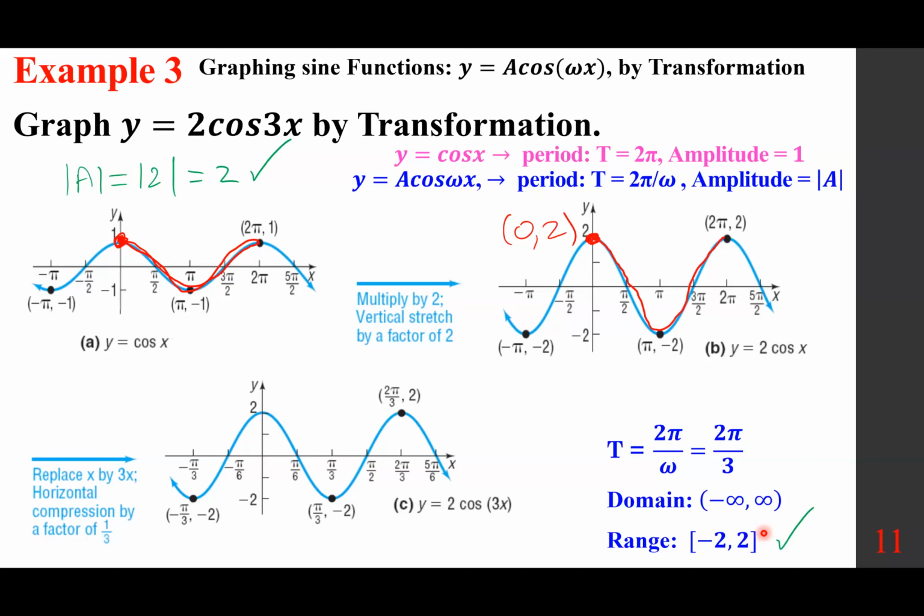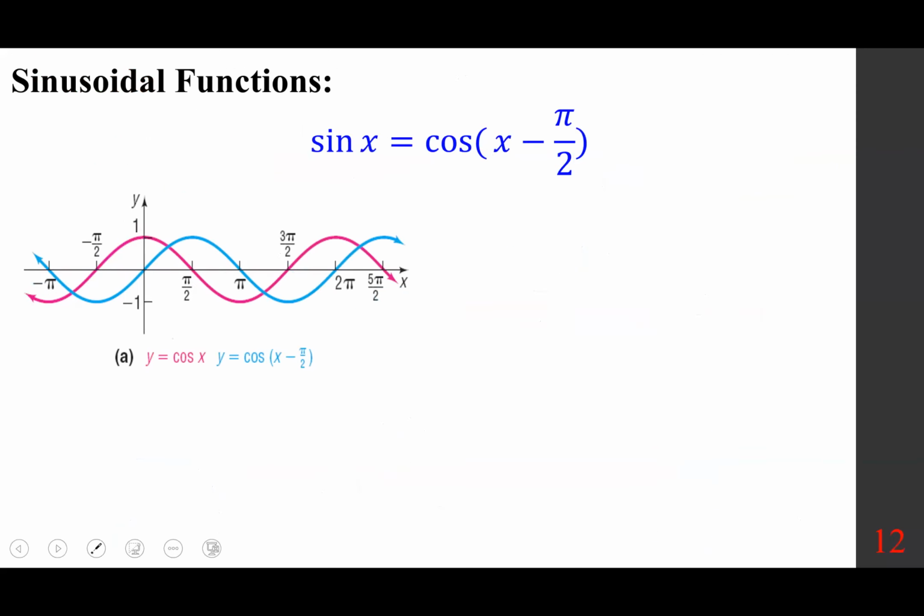So those are transformations. And as we looked at sine and cosine functions, we may have noticed the graphs are so similar, such that sine is cosine of x minus pi over 2. The blue one is a sine function.